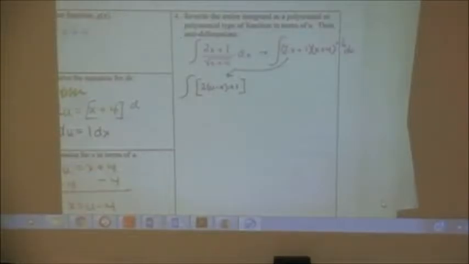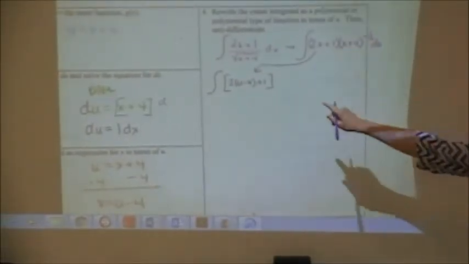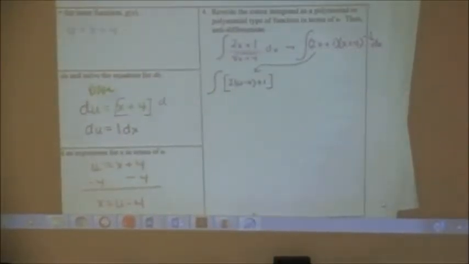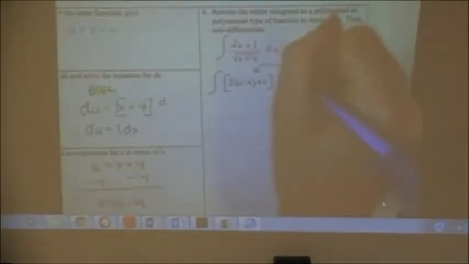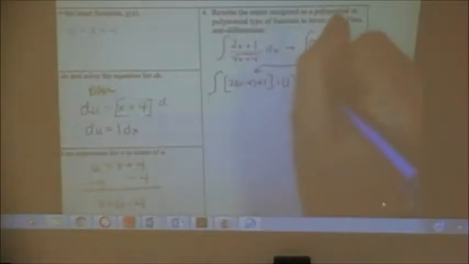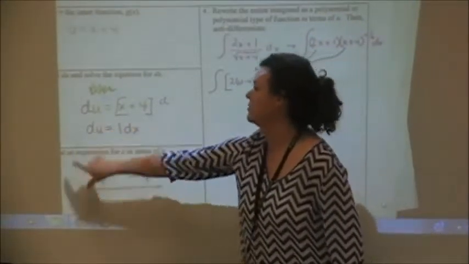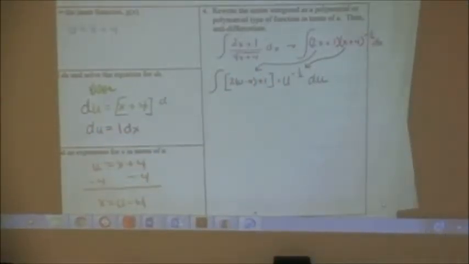Is everybody okay? Then x plus 4, that's my original u, so I can put u to the negative 1/2. And then dx is equal to du, right here. 1 dx, 1 du, they're equal, so I can just change dx to du.